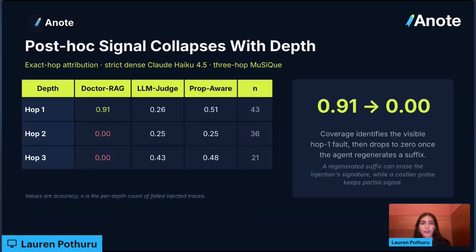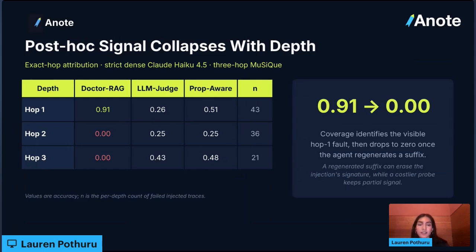Okay. And so this is the headline structural results on a couple different models. So on Claude Haiku and 3-hop MuSiQue, coverage-based attribution is 0.91 at hop 1, but drops down to 0 at hops 2 and 3.